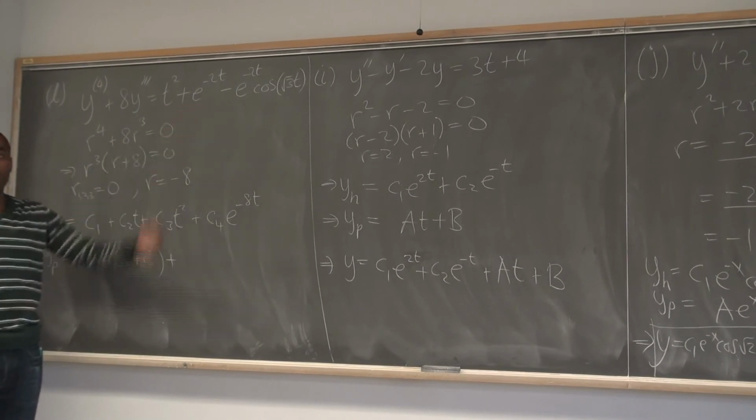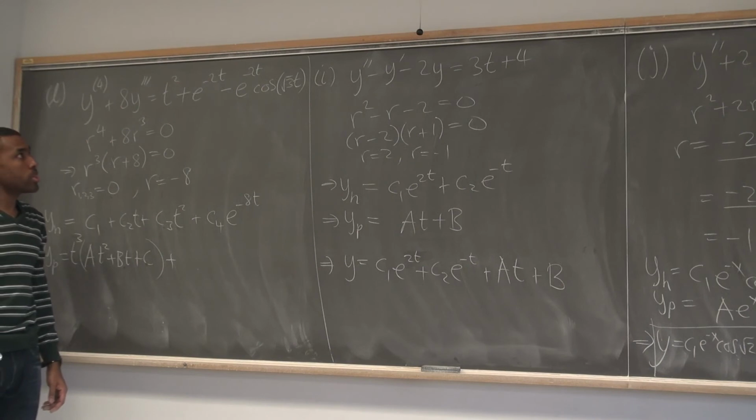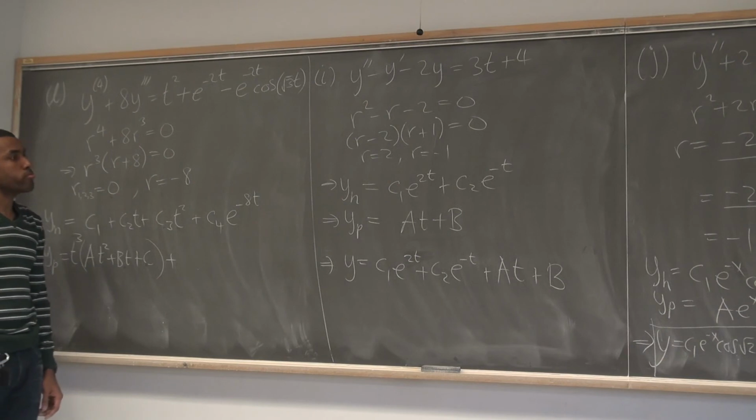Would it make sense to factor out an e to the negative 2t? Probably not. I don't think it would. It won't really make a difference. Would it make it harder? It's going to be roughly the same.